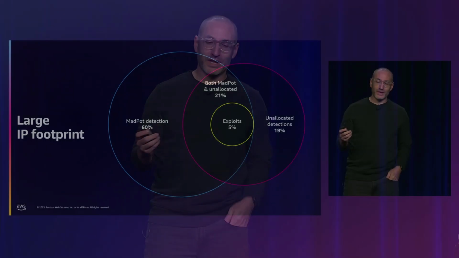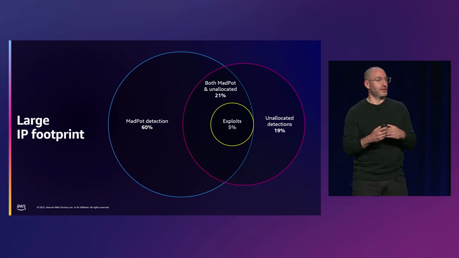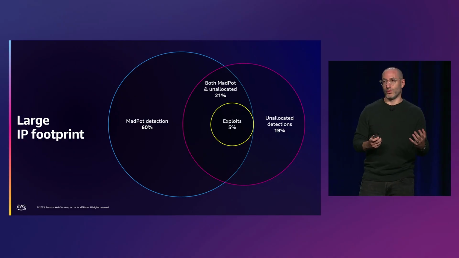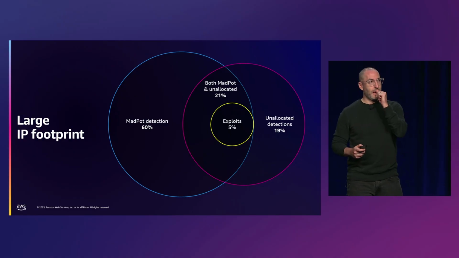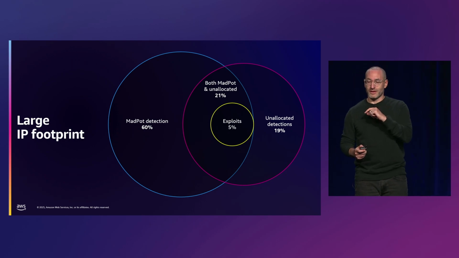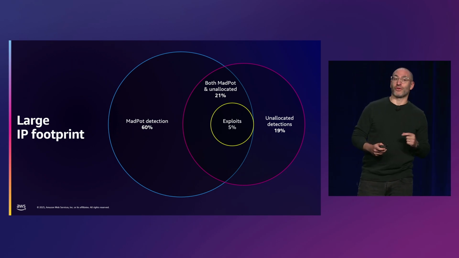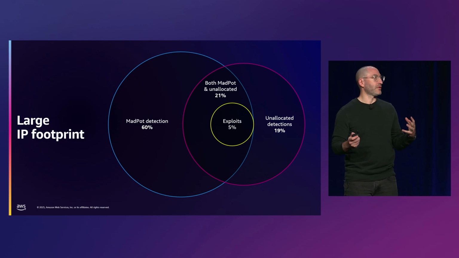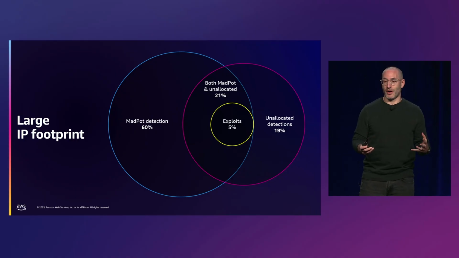We've had the opportunity to do some really cool analysis specifically on traffic that interacts with both MadPot and our unallocated IP space. When we compare these two data sets, the comparison itself gives us a whole new lens of intelligence. The circle on the left, the blue circle, is the percentage of traffic that we see interacting with MadPot.